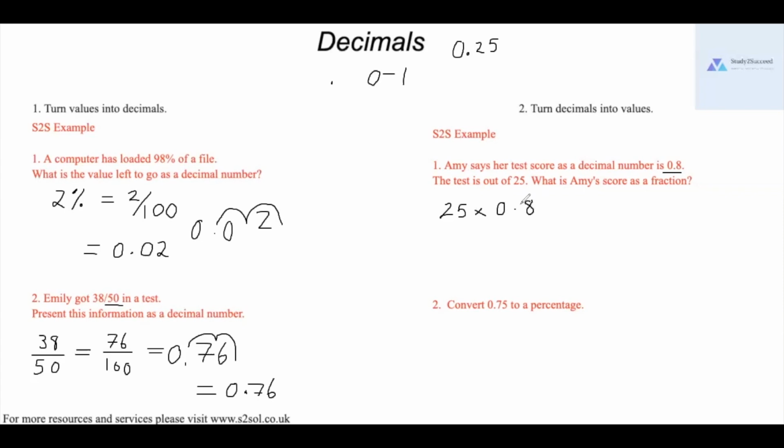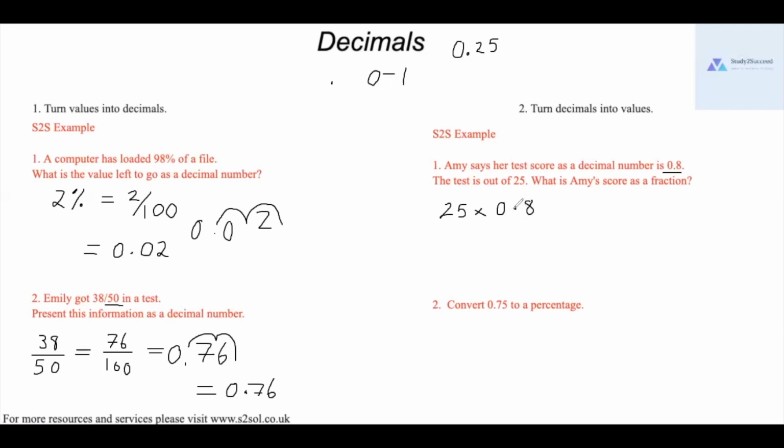If you are in an exam, another tip and trick, if you don't have a calculator with you, the easiest way to multiply by a decimal number is to first and foremost remove your decimal point. So we would multiply 25 by 8, which is 200, and then you shift your decimal point back however many places you've eradicated.